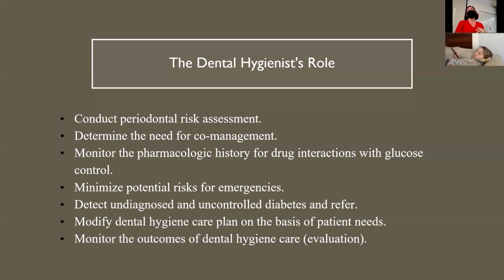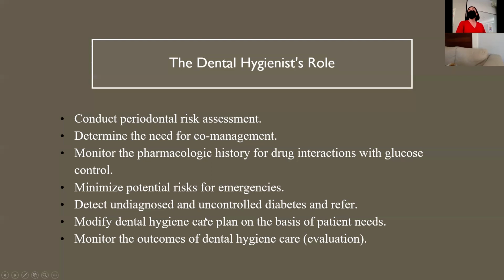We also wanted other things here on the slide. We want to help minimize potential risks for medical emergencies. If they're hyperglycemic, they're a risk for one type of medical emergency. We want to help detect those who are either undiagnosed or not controlled.